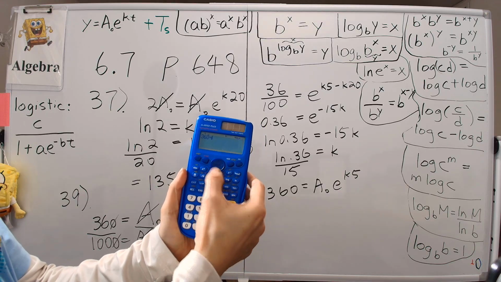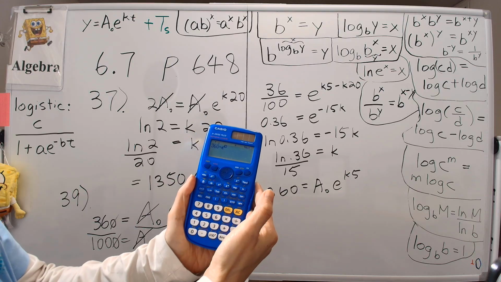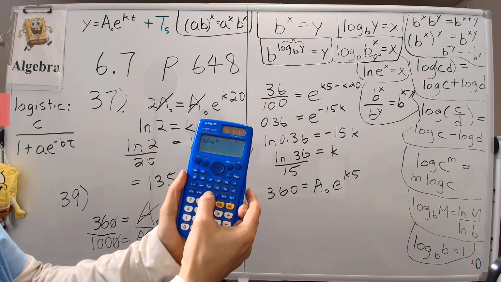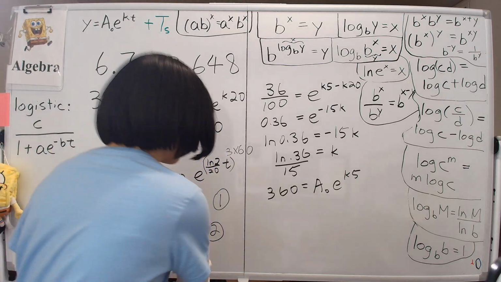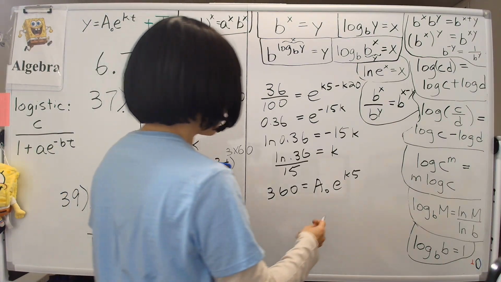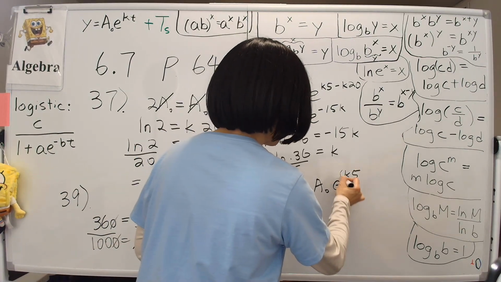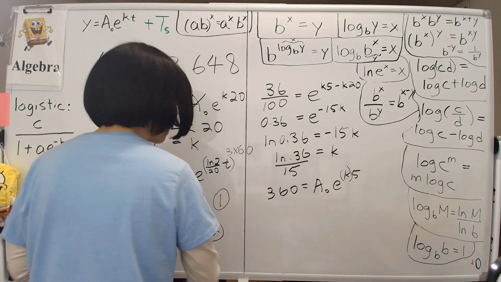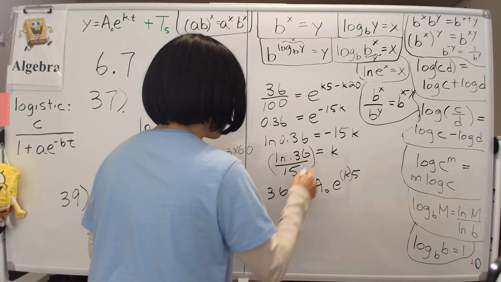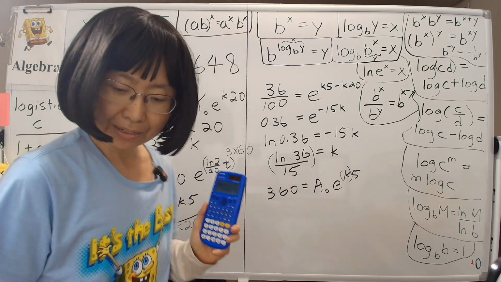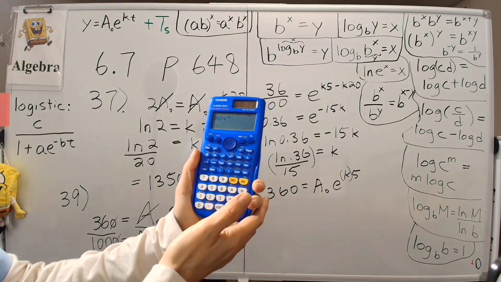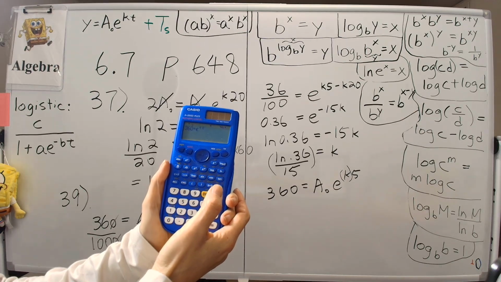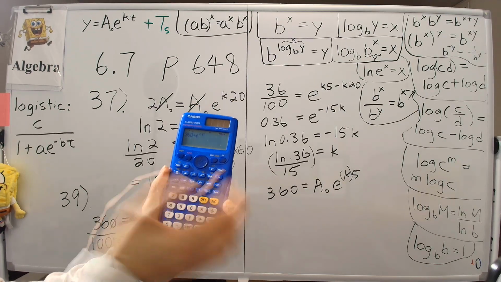Let's see, where's e? Shift natural log, parentheses, and then we'll put another parentheses around k to keep track of k properly. Because k is a complicated thing, so let's put parentheses around it just to be clear. So let's divide by e to the power, parentheses again. Do we need that many parentheses?